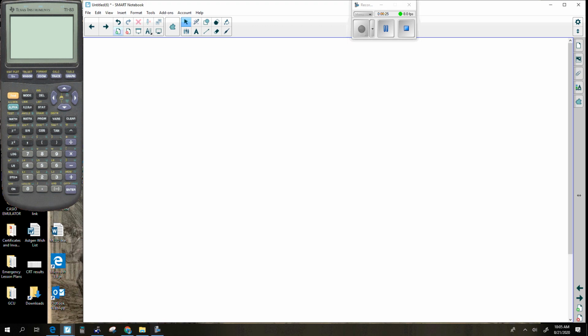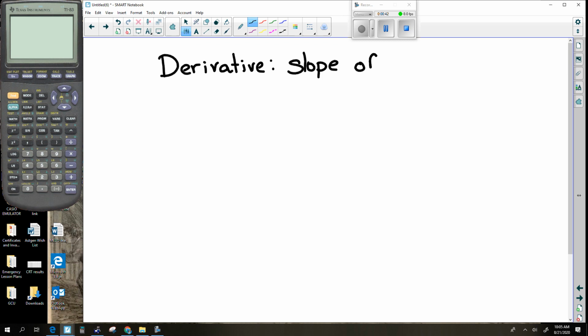All right, so let me open up a new screen here and describe what this quote-unquote limit process is. The definition of a derivative is the slope of a tangent line. It's an instantaneous rate of change.